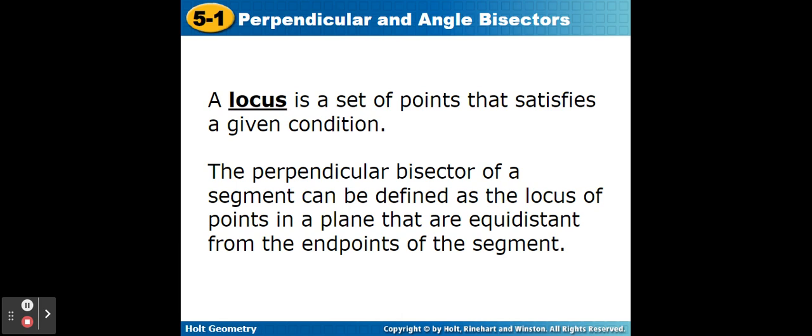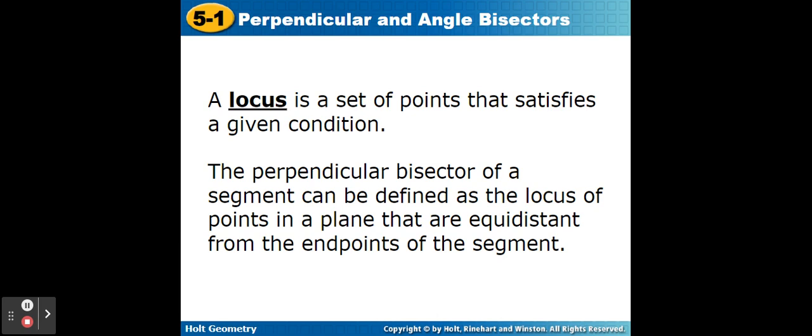So a locus is a set of points that satisfies a given condition. For example, a circle can be defined using locus by saying it is the set of all points that are equidistant from a common point called the center of the circle. All of the points on the circle are the radius distance away from the center.